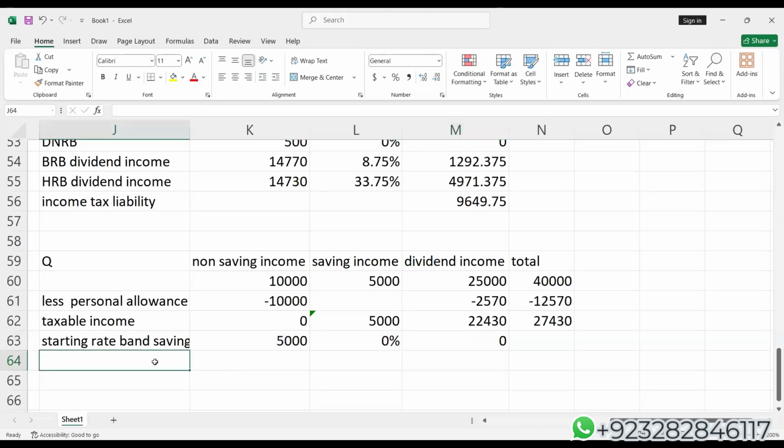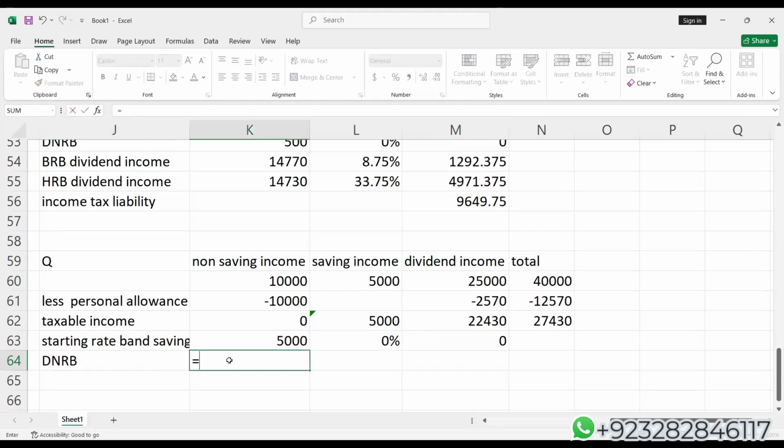For dividend income, we know that everyone gets a nil rate band of £500. So dividend nil rate band, 0%.